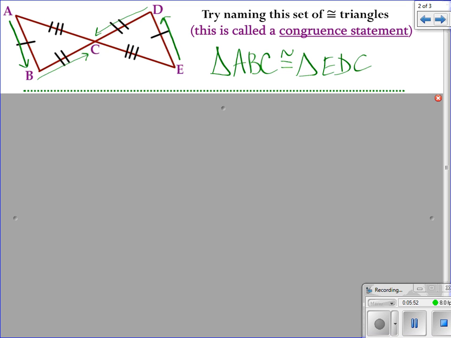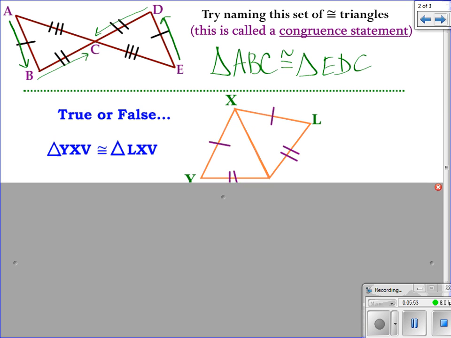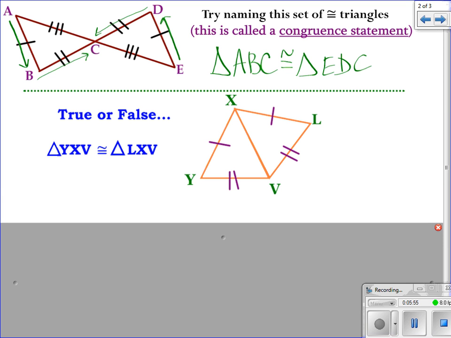All right, let's try this true, false. First of all, let's just talk about, are the two triangles congruent to each other? Yes, the two triangles are congruent because of that reflexive step. So we have all three sides congruent to all three sides.